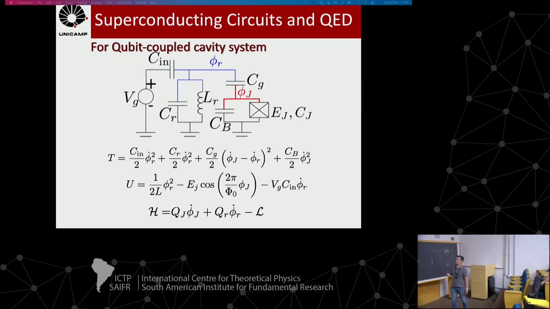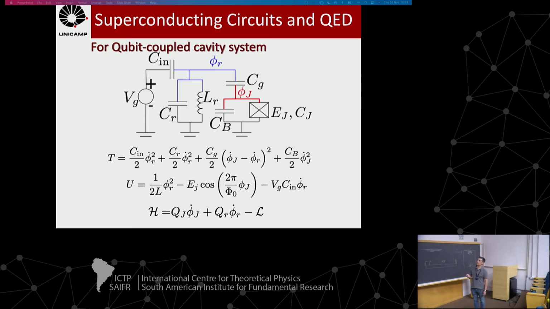So you get the energy you have for a capacitor, the C in here. It will be proportional to CV squared over 2. But V squared is phi r dot squared. Okay? So you have the first part of your terms describing this capacitor C in here.